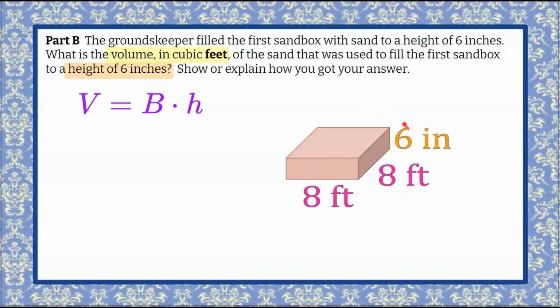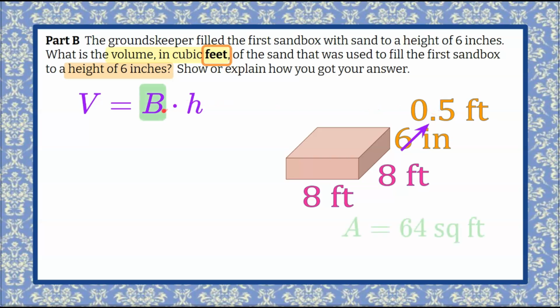We also know here that we've been asked to do this in cubic feet. So 6 inches we need to convert to feet. We know that 12 inches are in 1 foot, so 6 inches is going to be equivalent to a half of a foot, which I'm going to write as a decimal. You could write it as a fraction 1/2 or 0.5.